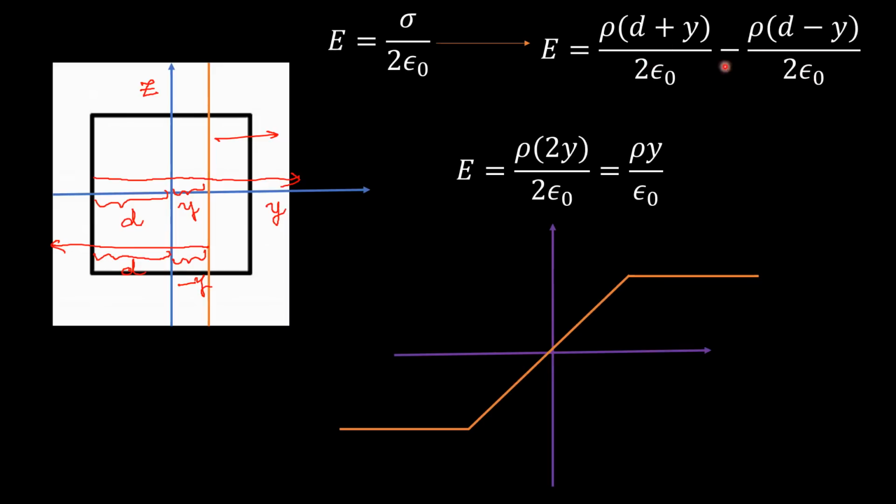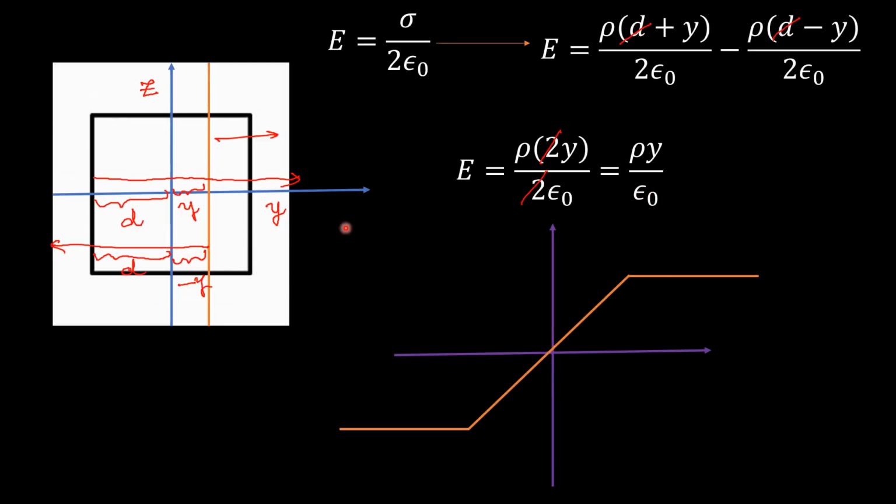Now if you subtract this and this, this d will get cancelled, and y minus of minus y is plus y. You will get 2y. E is equal to rho multiplied by 2y divided by 2 epsilon naught. This 2 will get cancelled. So you will simply get rho y over epsilon naught.